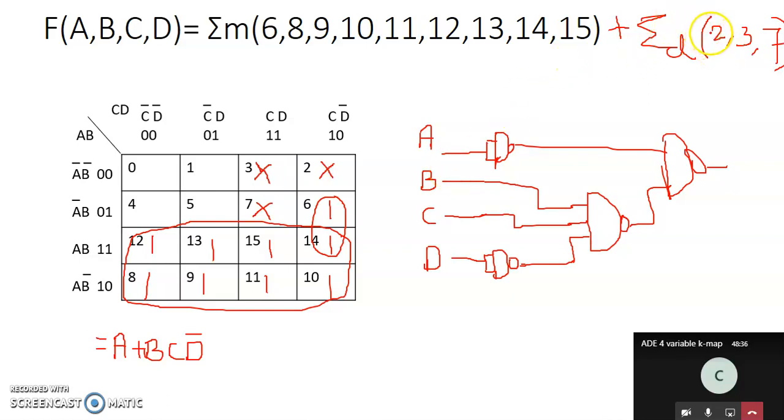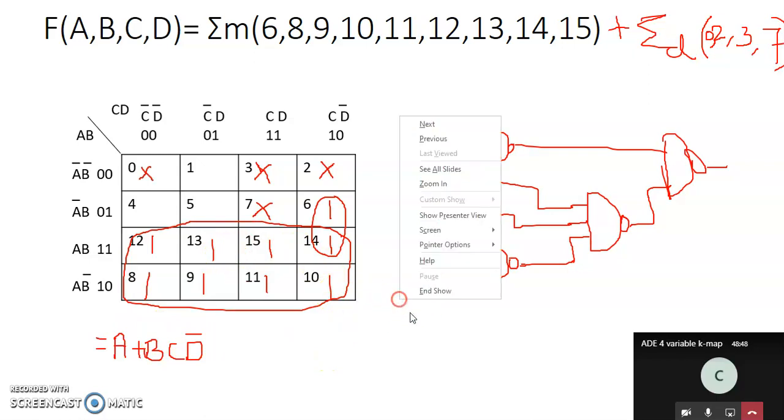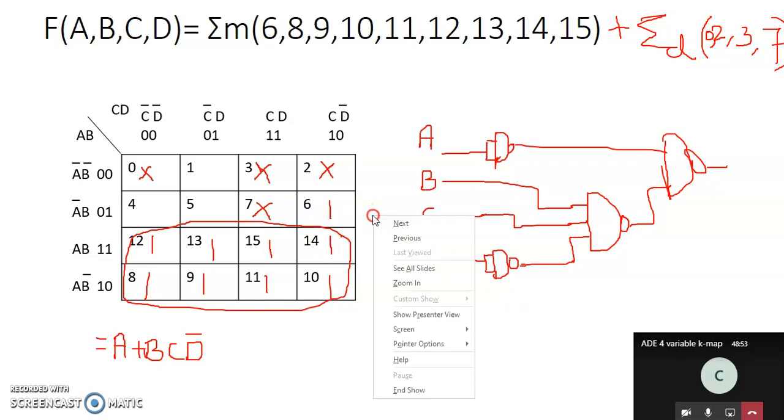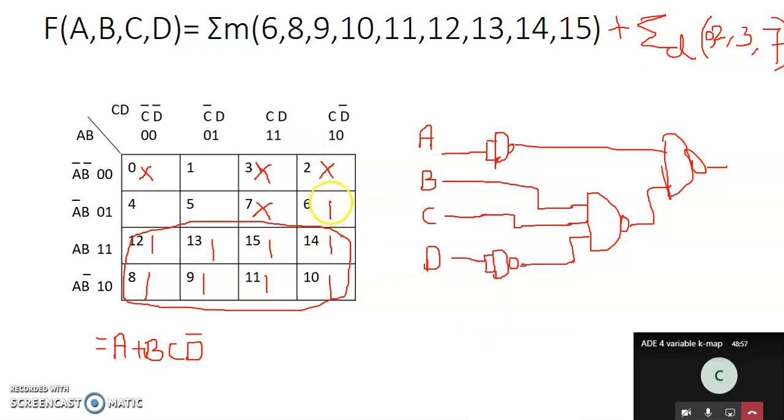We'll add one more term here, 0 also, so it will be more clear. 0, 2, 3, 7. So I'll have a don't care here also. Then I make all these 8 in one group. I'll just erase this part. Now this one is essential. We'll never bother about don't cares. Only this one is essential.